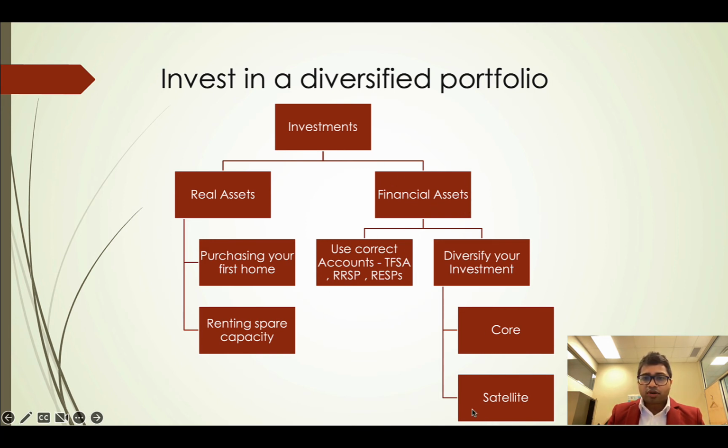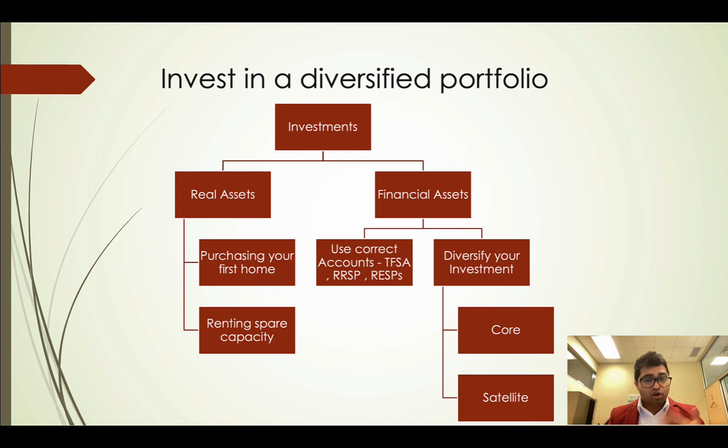So two important things: use correct accounts to invest, like a tax-free savings account, RRSPs or RESPs wherever relevant. Using the correct account is very important, because imagine if you have $2.5 million by the time you retire in your tax-free savings account, then it's completely tax-free.